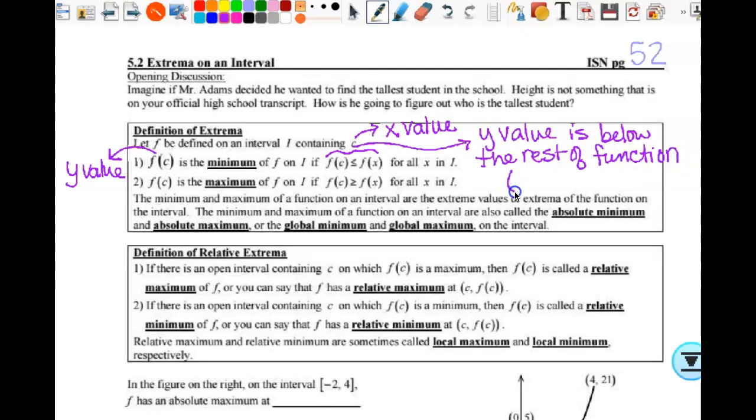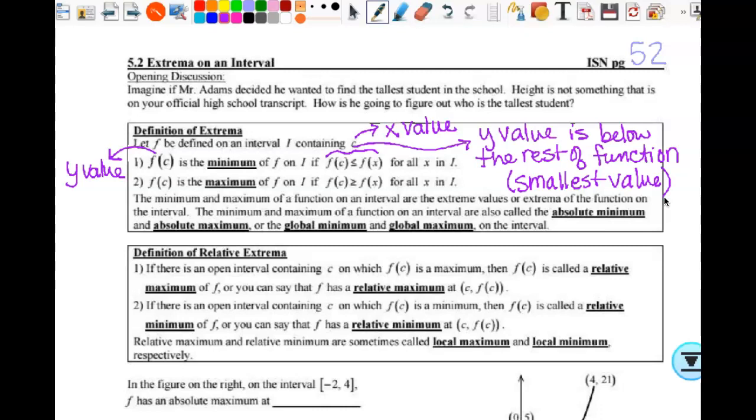And that means that it is the smallest value, hence minimum, right? And this is on an interval, so it's the smallest value on the interval.